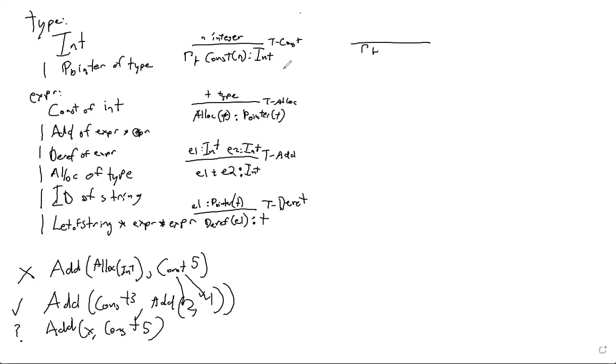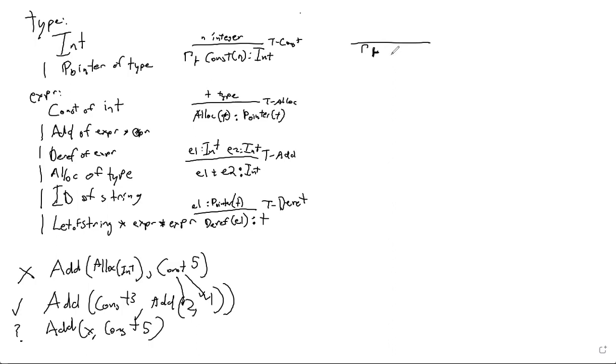It stores all the information about the types of different variables. Then this turnstile thing is sort of like implication, not really. What it means is that in the environment, which is the thing on the left, the thing on the right is true.